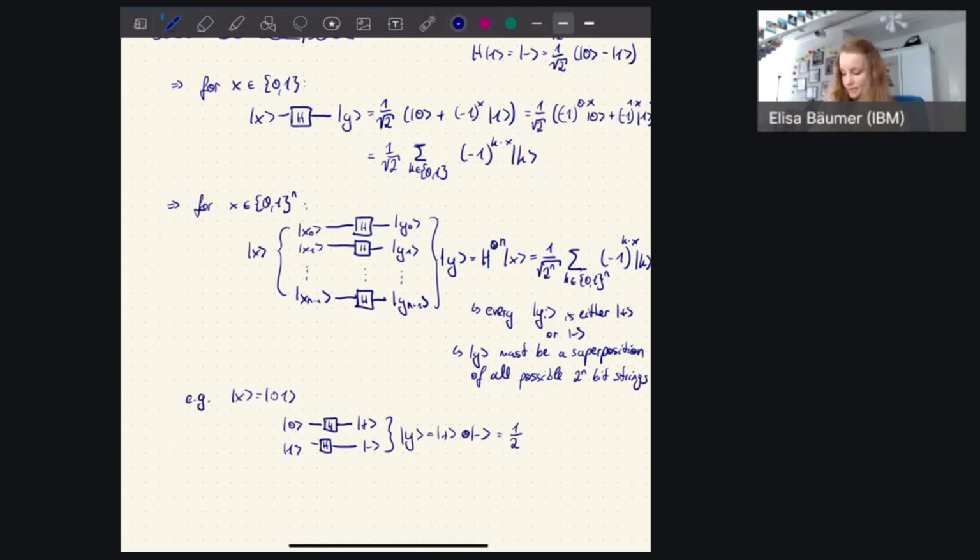If we write out all the terms, we get |00> minus |01> plus |10> minus |11>. And this is exactly of the form of the sum that we had before. So this is 1 over square root of 2 to the power 2 times the sum over k over all 4 bit strings of (-1) to the power k·(0,1), times |k>.